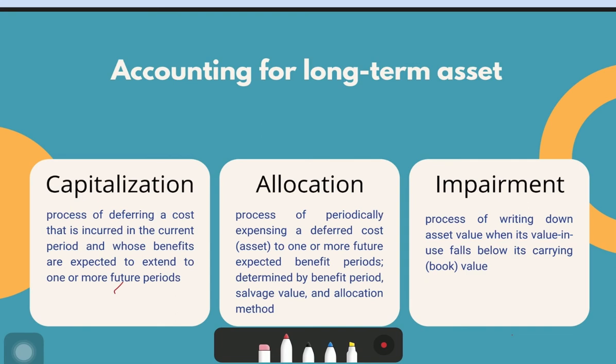Okay, so let's say we buy a piece of equipment or a machine that costs 1,000 ringgit. Rather than report 1,000 as an expense in our income statement, we record it on the balance sheet as an asset worth 1,000 ringgit.